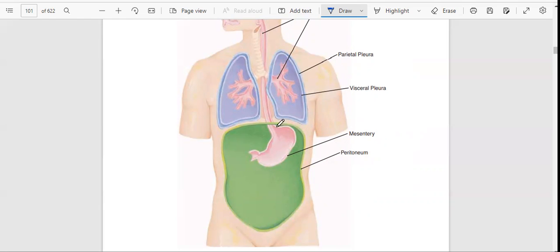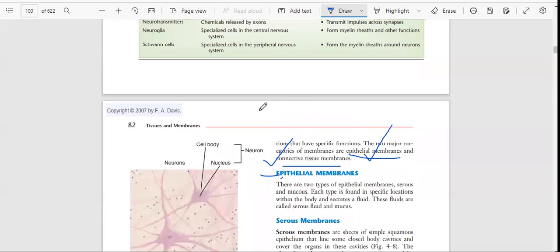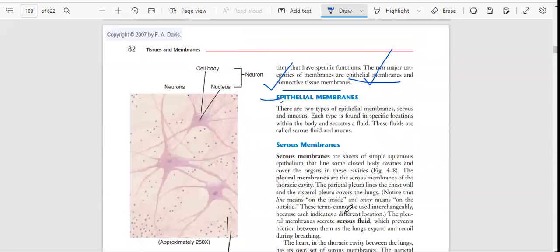This is the peritoneum, which is also a covering. This is our lung, and the lung is also covered by one type of covering. So we will talk about everything in this topic.